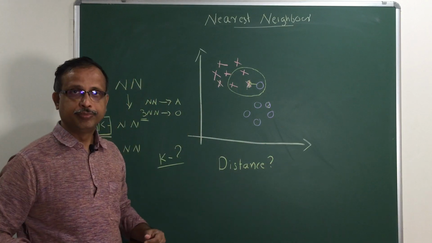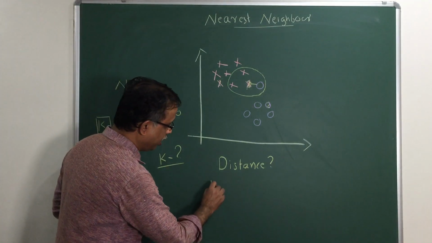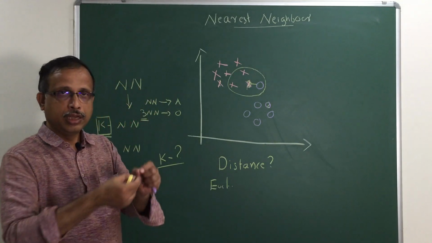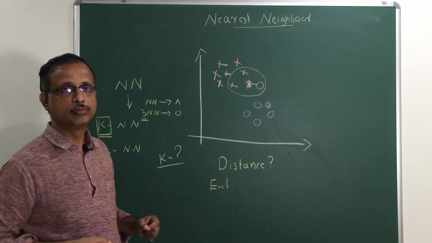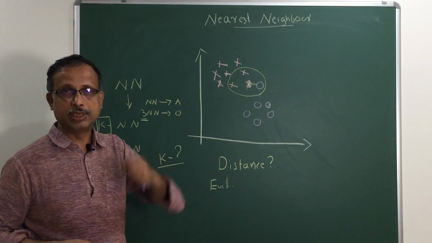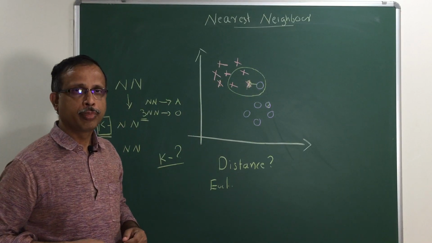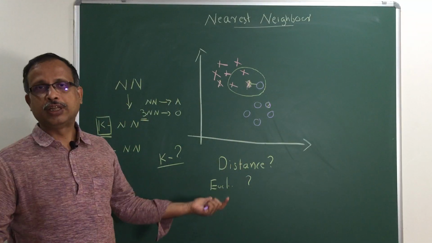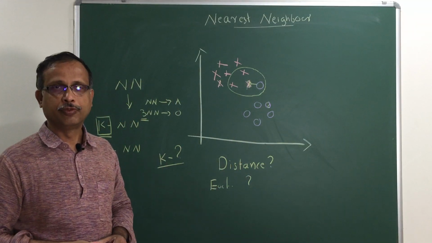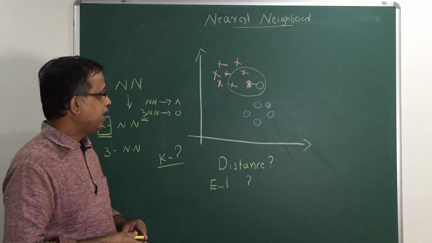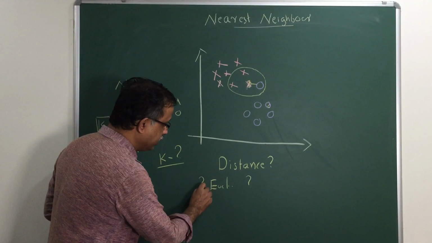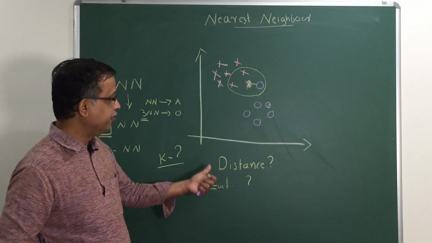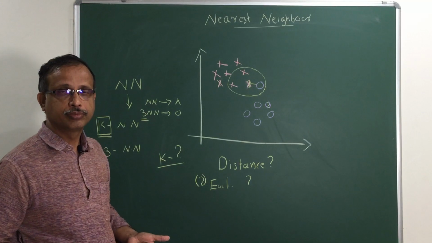In this picture, we use Euclidean distance as a distance for choosing the nearest samples. Why should we use Euclidean distance? There are a number of other alternatives with that. We'll see some of them later. So the choice of Euclidean distance is a tricky thing. Maybe we will find a better distance.